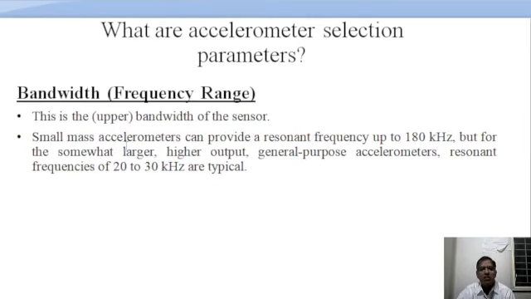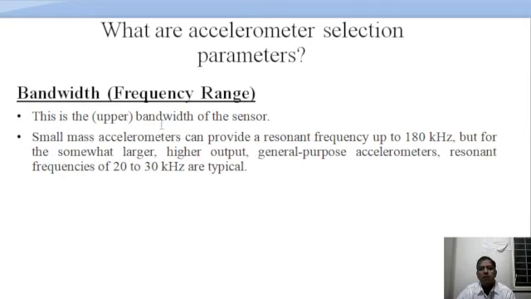The next is bandwidth or the frequency range. We have seen in the previous graph that the frequency measurement range is from 20 hertz to 10,000 hertz, and the measuring frequency should be away from the resonance frequency of the accelerometer. Every accelerometer has its own natural frequency, and the measuring frequency should be far away from it.